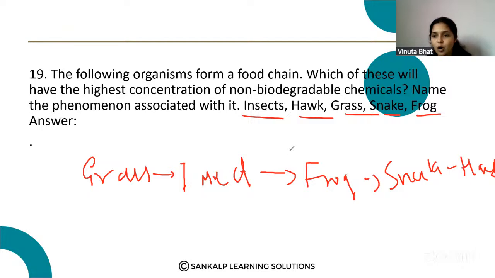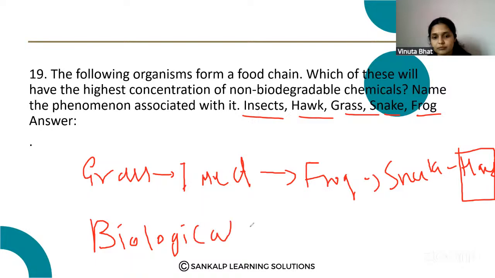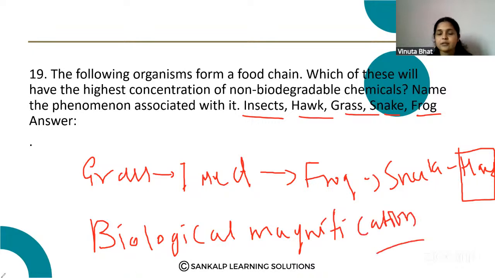That is the hawk, which is at the last trophic level. So that organism has more chemicals. This phenomenon is called biological magnification. So that is the answer.